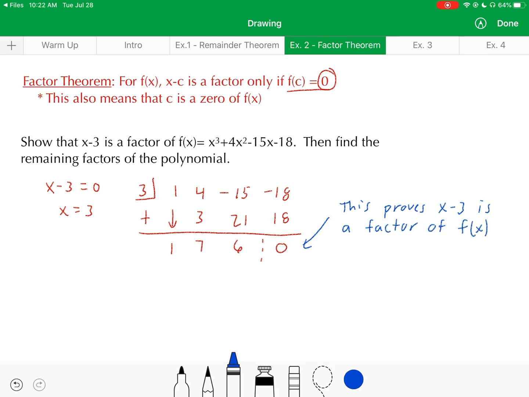Right, because it's dividing evenly. And it also proves that f of 3 equals 0 by the remainder theorem, which means that x equals 3 is a 0 or a root of the function.